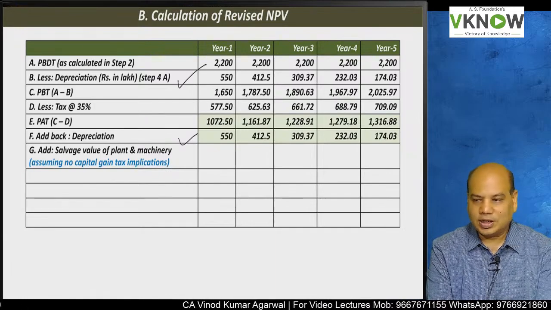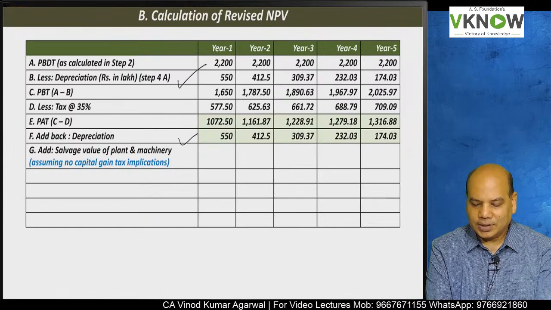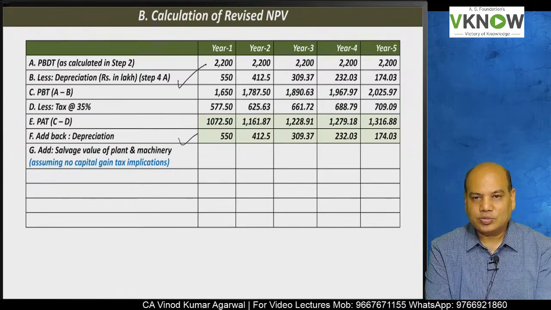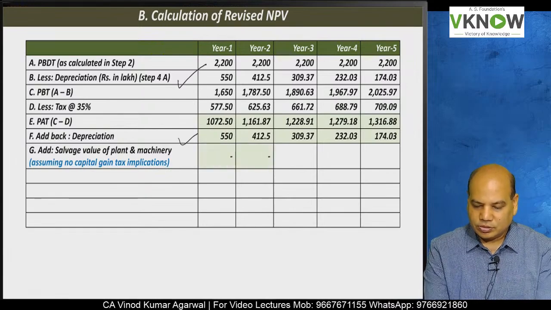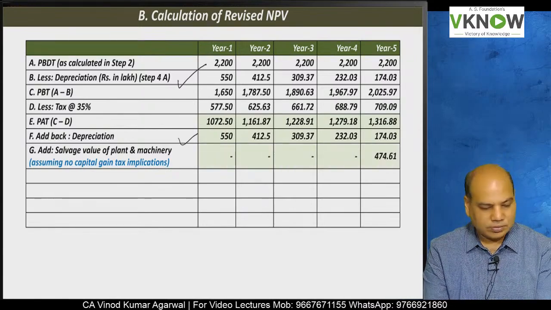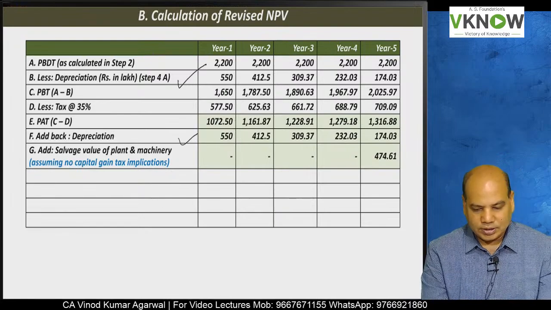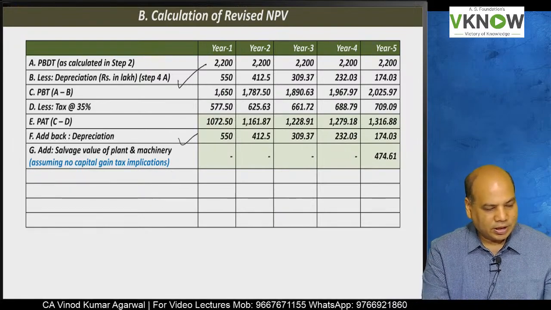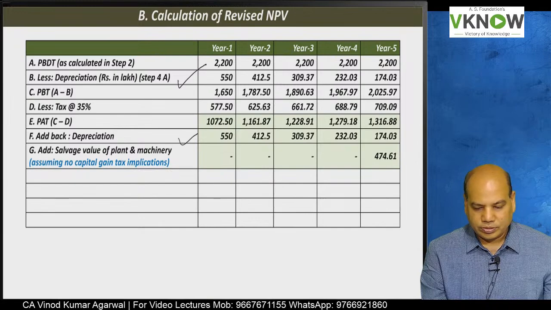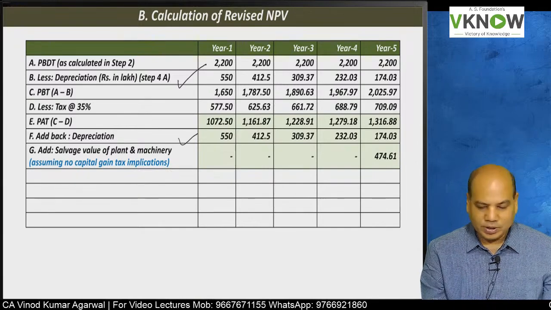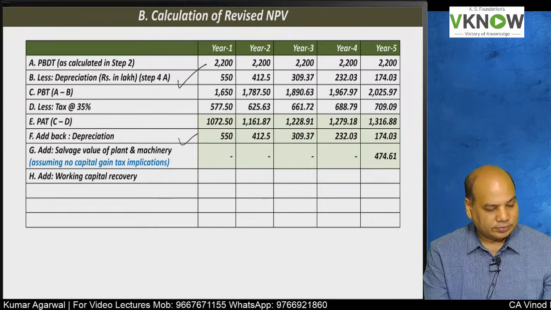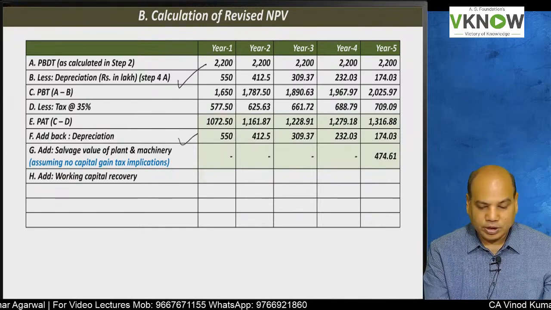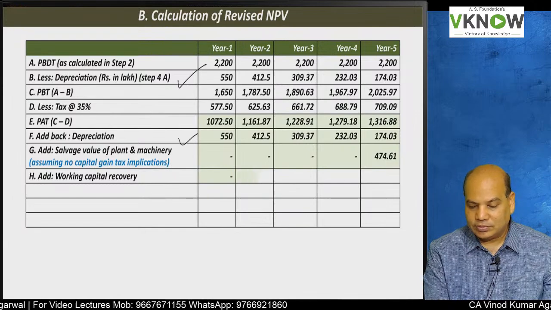Last column same figure. If you want to take capital gain also you can, then you have to make one more working note for that. Now next point, write down recovery of working capital.